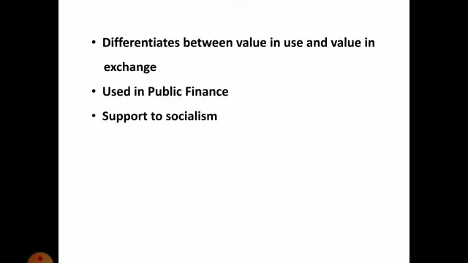And the next area where this law is useful is that it acts as an ethical base for socialism. Socialism is a system in which the factors of production are owned by the society as a whole.